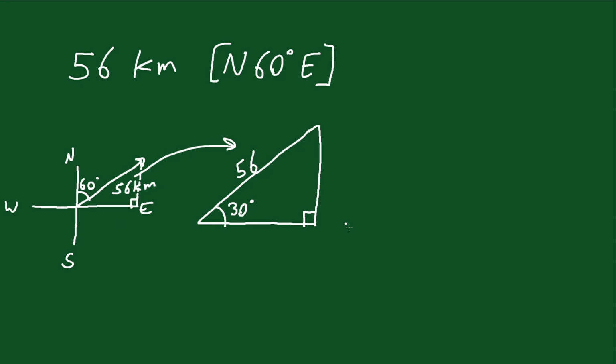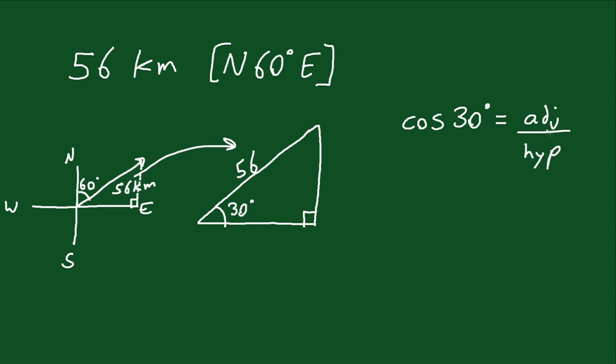So with all this information, what we should be able to do is figure out what our x component is and our y component, right? We should be able to figure out these two lengths using the primary trig ratios, SOHCAHTOA, right? Think back to grade 10 trigonometry. If I wanted to figure out this side here, this is your adjacent side, right? You can use cos. Cos of any angle, we'll use the reference angle here of 30 degrees, will equal your adjacent side over your hypotenuse.